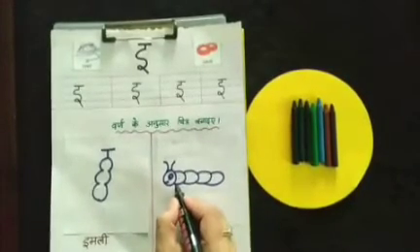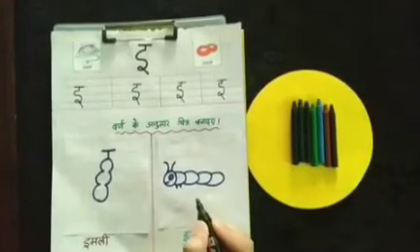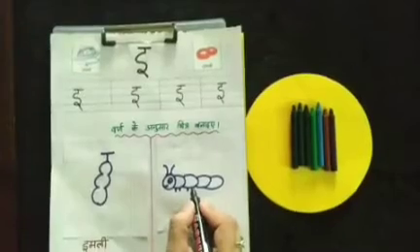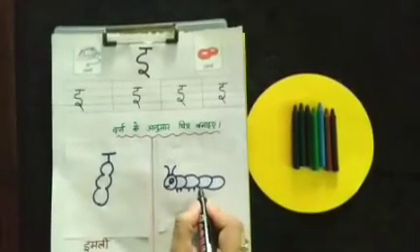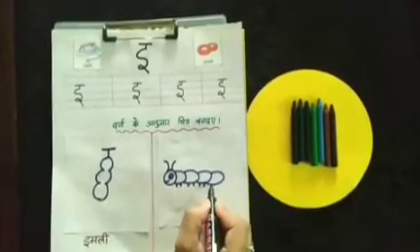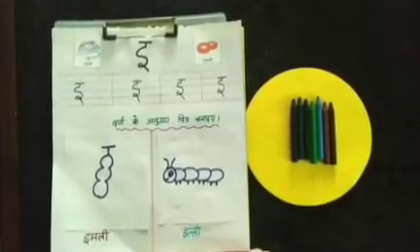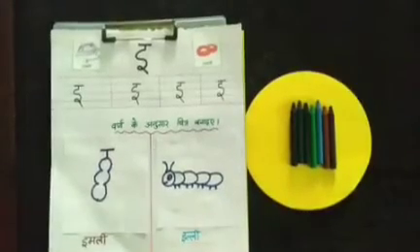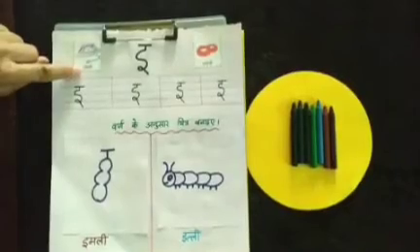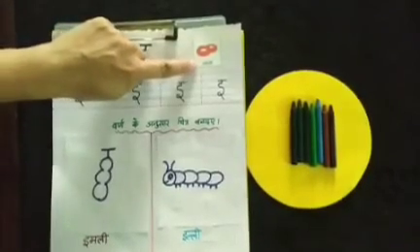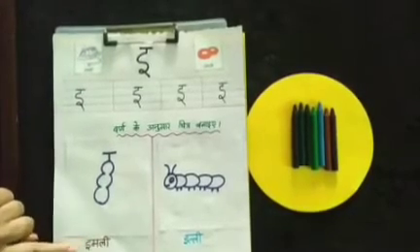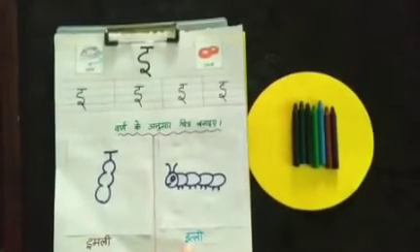Then we will draw one, two standing lines, standing line, standing line, standing line, standing line, again two standing lines. See children, how it looks? So simple. So now we will revise. E se istri, E se imarat, E se imli, and E se illi.